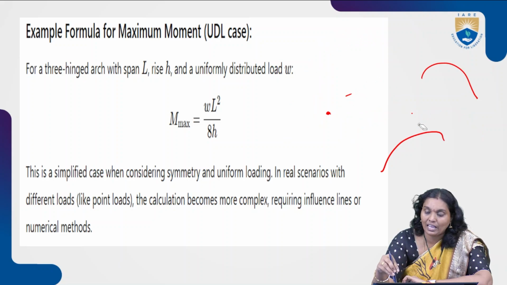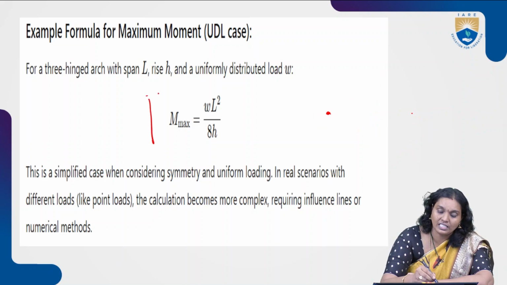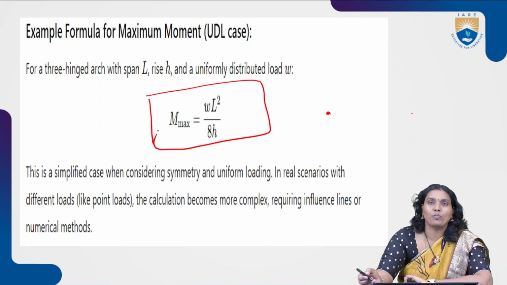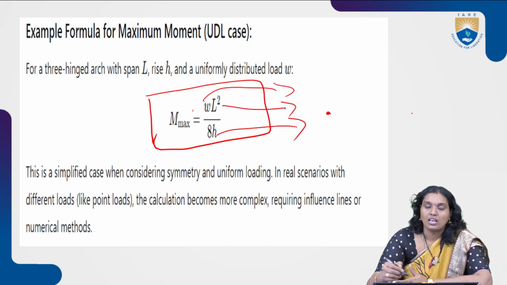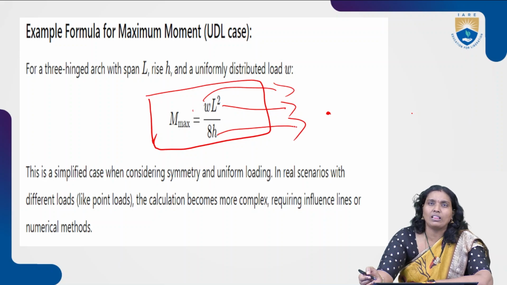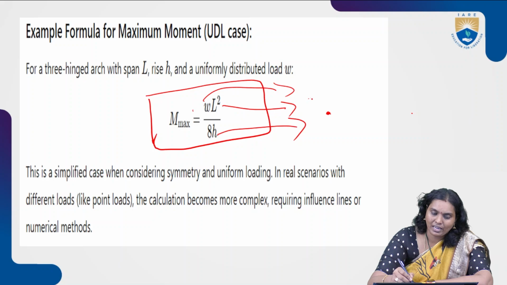In this particular case, we are going to see the maximum bending moment WL squared by 8H. Here W is the load, L is the length of the span, and H is the rise.